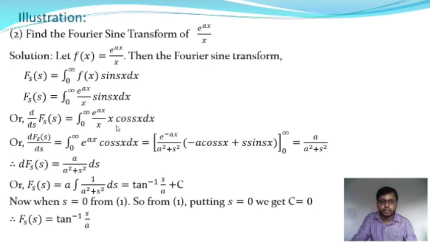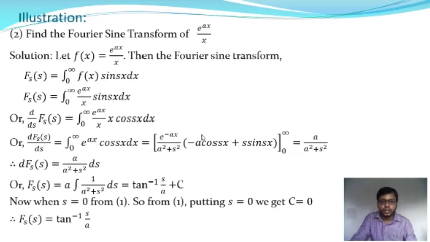Okay, so that is the integration of this function, and it will be e to the power minus ax by a square plus s square, where a and s are the constants, into minus a cos(sx) plus s sin(sx), where the upper limit is plus infinity and the lower limit is 0.